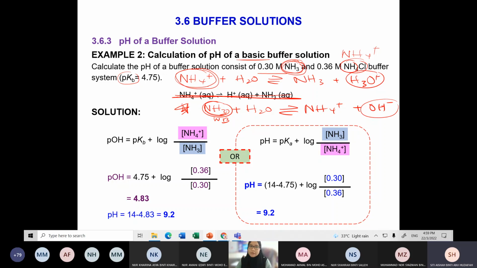You have to identify which is the conjugate base, which is the base, which is the acid, and which is the conjugate acid. That's why I prefer to stick to one, where we write the equation based on the weak one, either weak acid or weak base. Throughout the slides we stuck with the weak one's equation. NH3, we have NH4 plus. So this is the weak base, this is the conjugate acid.